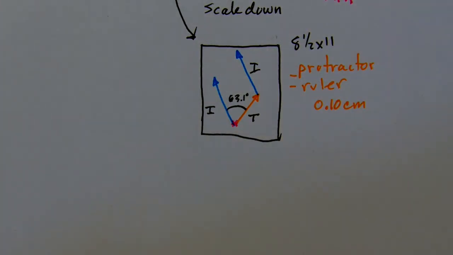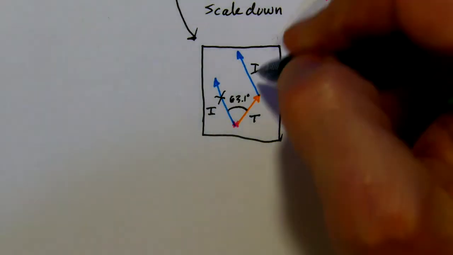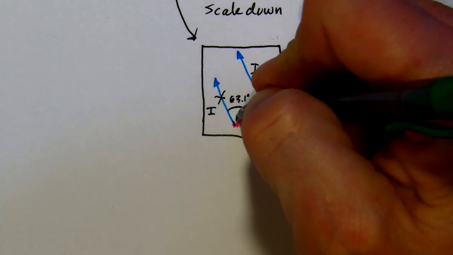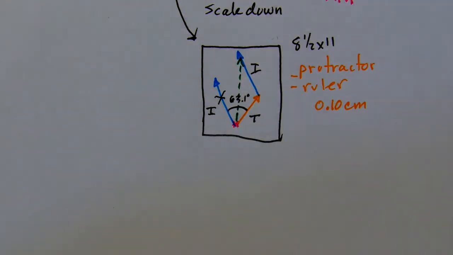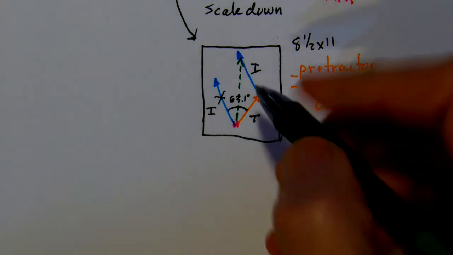And so then we could, in a sense, cross that out. And now you would have this new vector, and I'm going to draw that in an alternate color. So we're going to draw that as a dashed arrow. You need to do that because that's a resultant. So we can call that R.